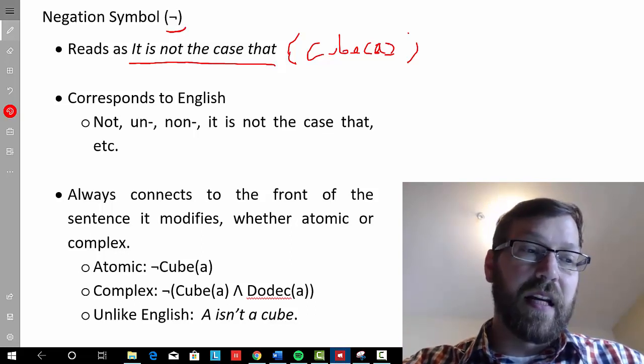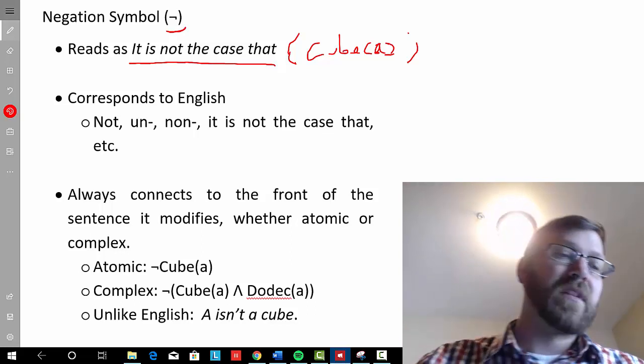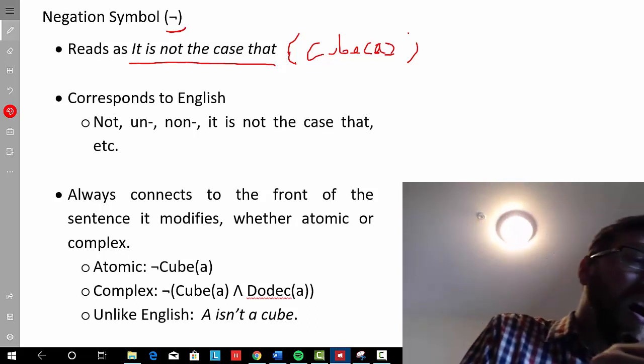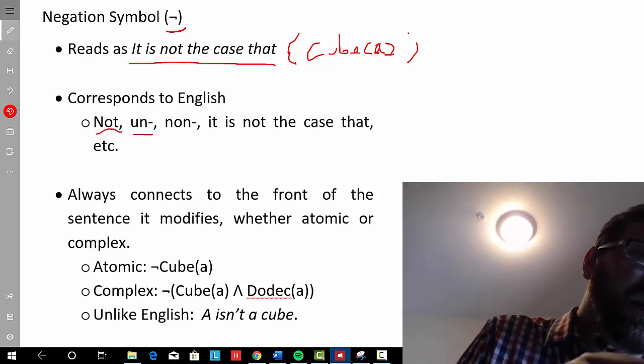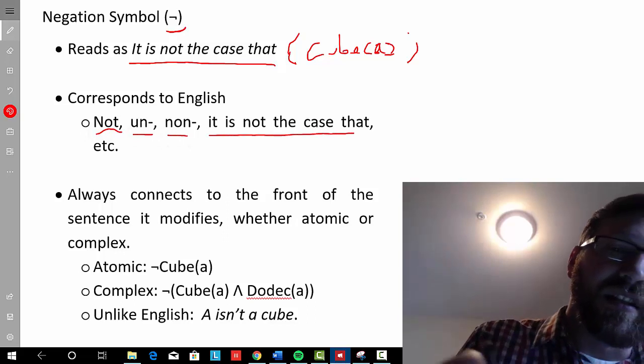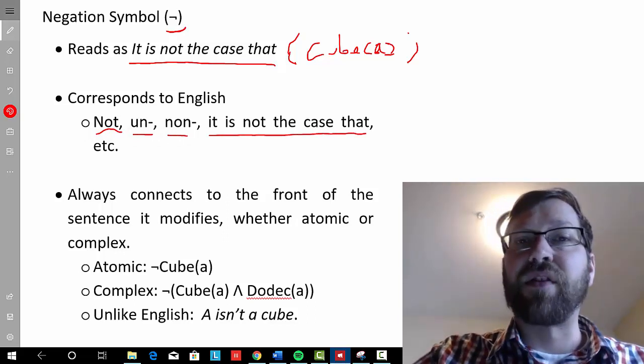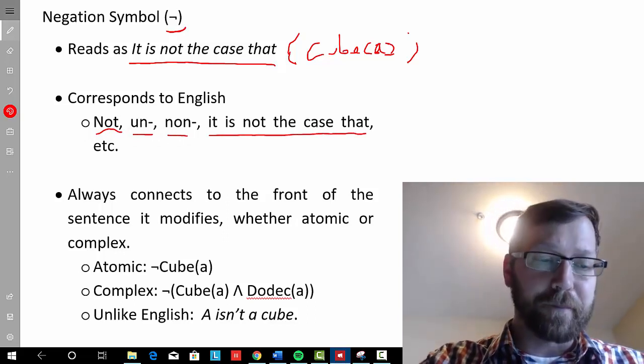Right? So roughly speaking, it corresponds in meaning to the English not, un, non, it is not the case that, it is false that, so on and so forth.